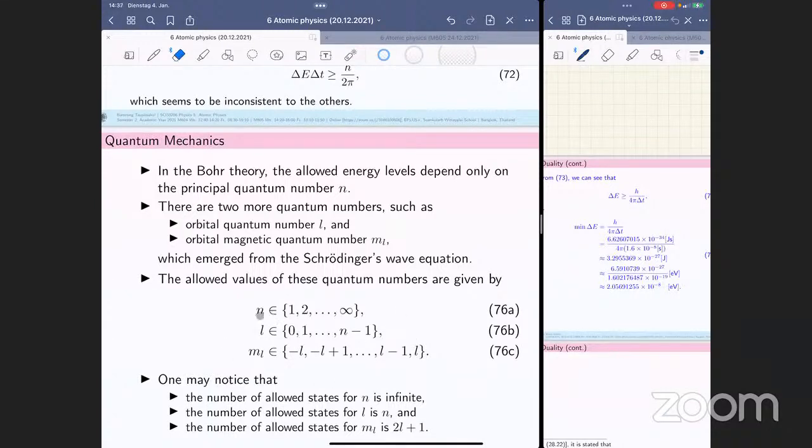Let's talk about the whole range of n, from 1 to 3, 4, 5 until infinity. Infinity means that you are totally far away from the nucleus of that atom, whether it's hydrogen, lithium, helium or whatever.